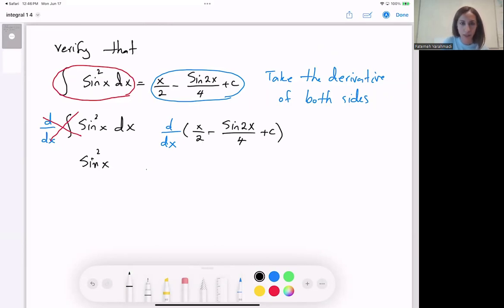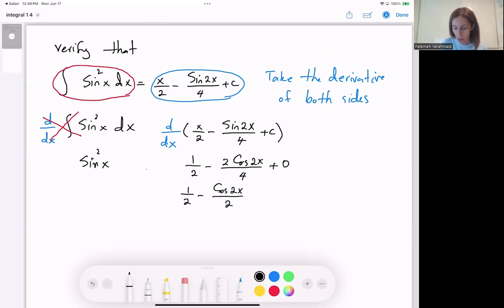The derivative of x divided by 2 is a half, minus the derivative of sine 2x, which is 2 cosine 2x divided by 4, and the derivative of C as a constant is just 0. Well, on the left-hand side, I have sine squared of x. On the right-hand side, I have a half minus cosine 2x divided by 2 plus 0.